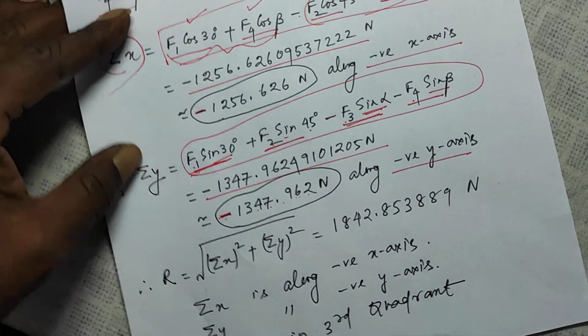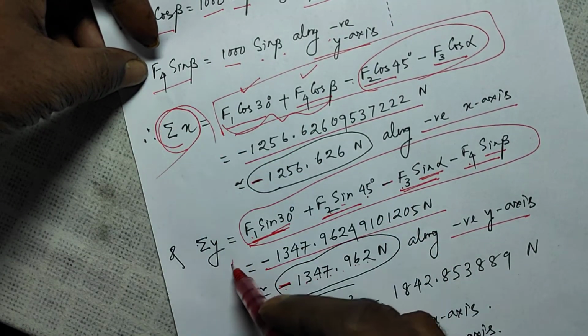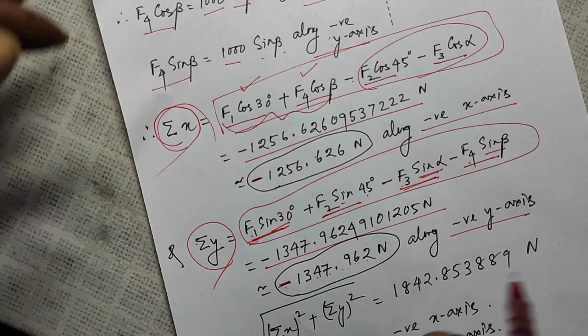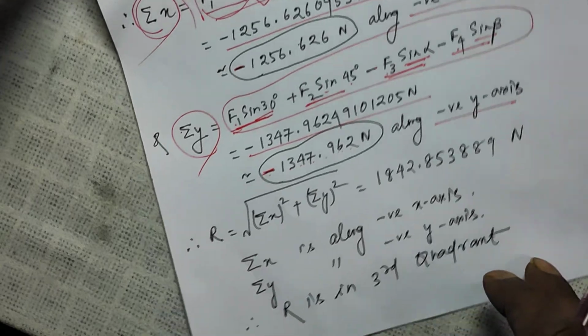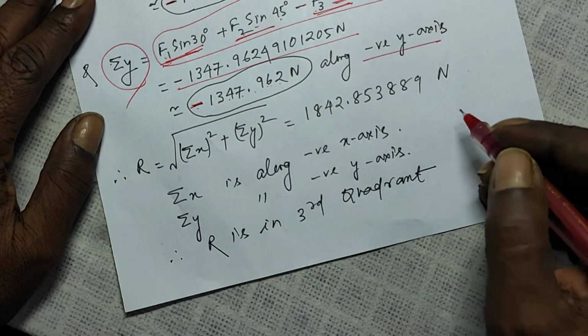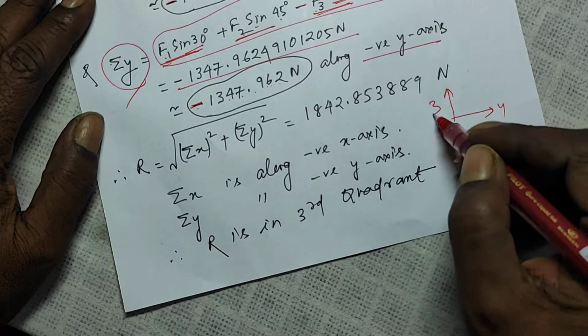this negative number. And we know sigma x and sigma y, means the force along x-axis and the force along y-axis, they are always perpendicular, means the angle between them is 90. And we know when there are two vectors perpendicular to each other, let's say this is 4 Newton, let's say this is equal to 3 Newton.